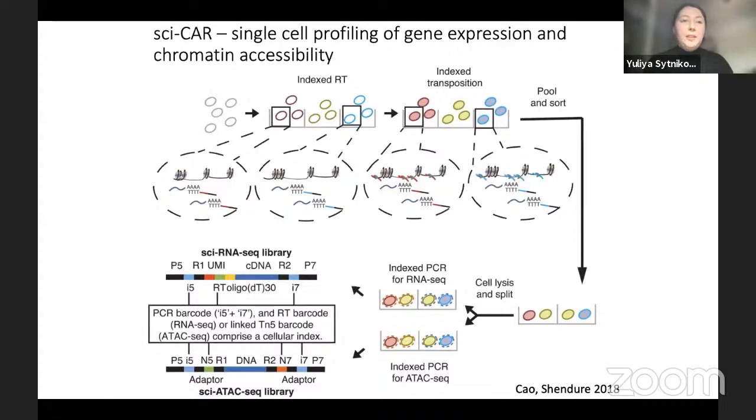So for instance, SNARE-seq, or chromatin and RNA profiling, is based on combinatorial barcoding, and basically you use oligo-dT primer for reverse transcribing RNA, and also at the same time one uses Tn5 transposase for profiling chromatin accessibility, and altogether you get RNA-seq and ATAC-seq libraries that you could trace by barcodes, and you get information from the same cells, both RNA expression and ATAC.